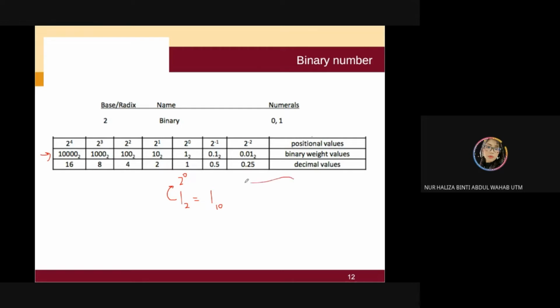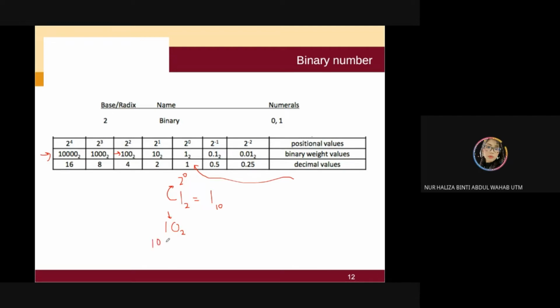That's why in decimal value, you get 1. And if you have 1 0, this is not ten because this one is base 2. You cannot call it 10, you cannot call it 100 base 2, or 1000 base 2.